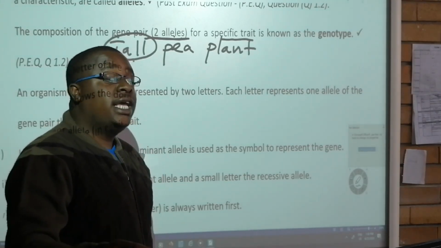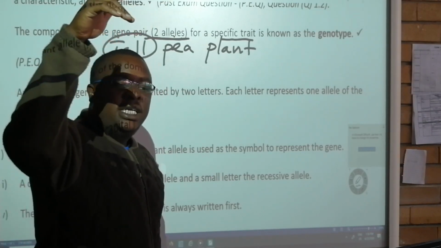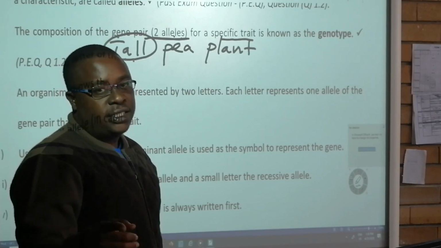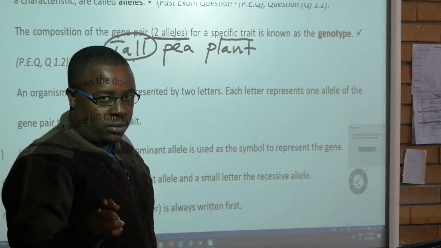In other words, if this plant is tall, its genotype must contain alleles that make it tall.